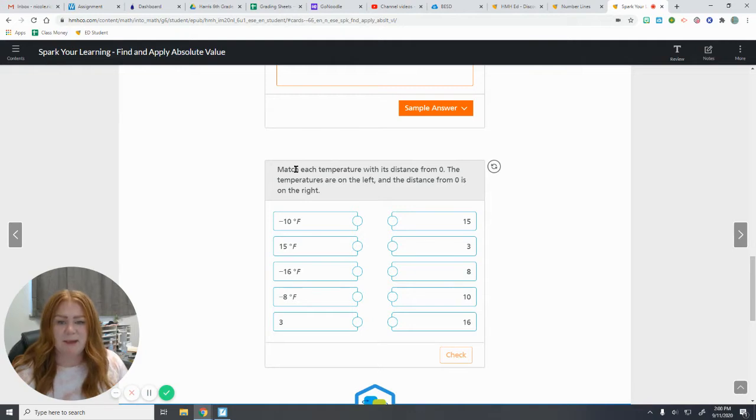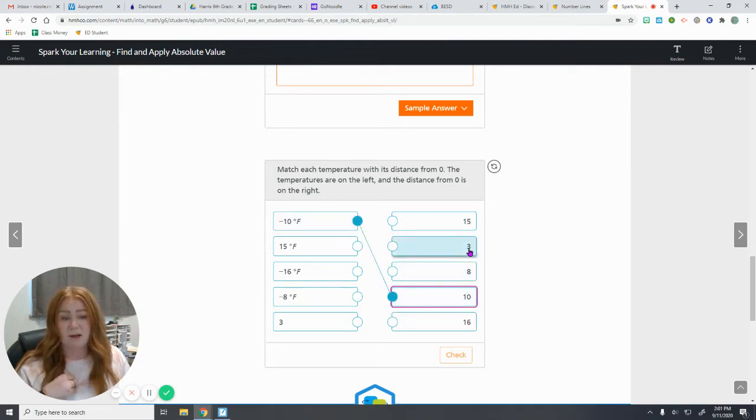Okay, now it wants us to match each temperature with its distance from 0. The temperatures are here on the left and the distances from 0 are on the right. So I have -10. It's going to be from 0 to 10. It's going to take 10 units to get there. Notice all of these distances are all positive.